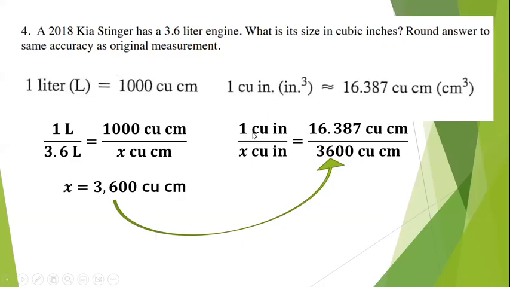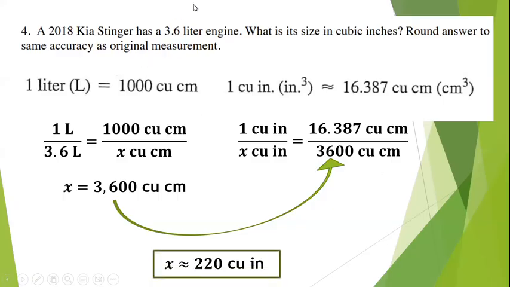Keeping our cubic inches on the left, cubic centimeters on the right, cross multiplying and dividing. We get a final answer then of about 220 cubic inches. And again, we wanted to round that to have the same number of significant digits as the original. The original had 2, so our final answer will also have 2.